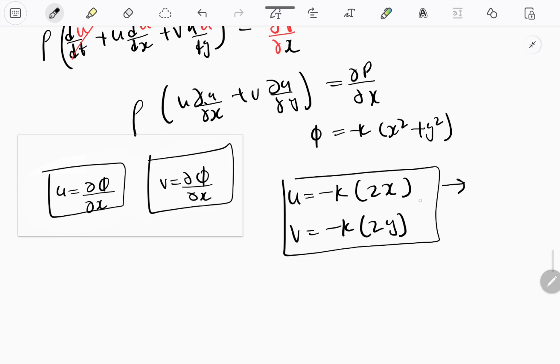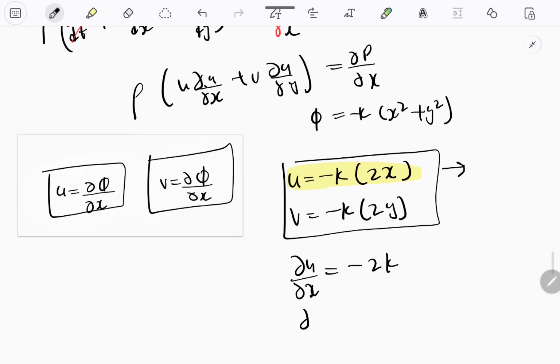Then if we derive them, we want to take u in terms of x. Okay, let me write it here, du in terms of x, that's the one we're interested in right now. In terms of x it's going to be negative k, only the 2 would remain.